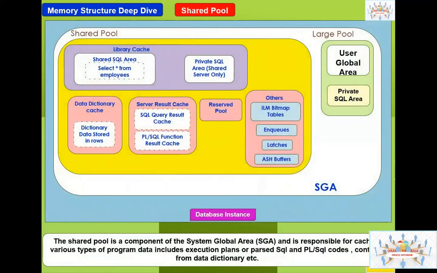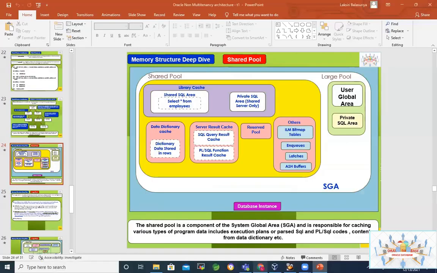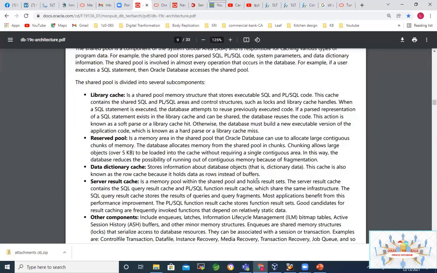Before going to the large pool, we need to get more details with regard to these components one by one, and let's do some hands-on as well. I'm going to refer to this note for these explanations. You may remember we have been referring to two guides for the explanation of this database architecture.